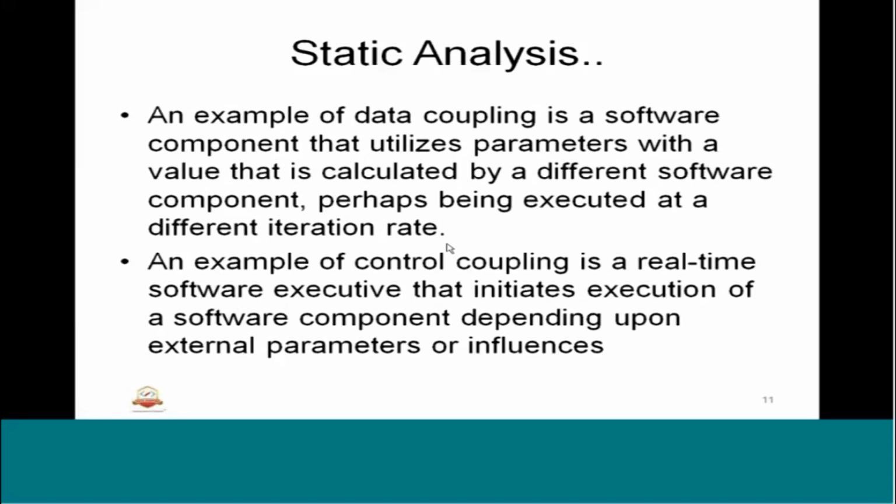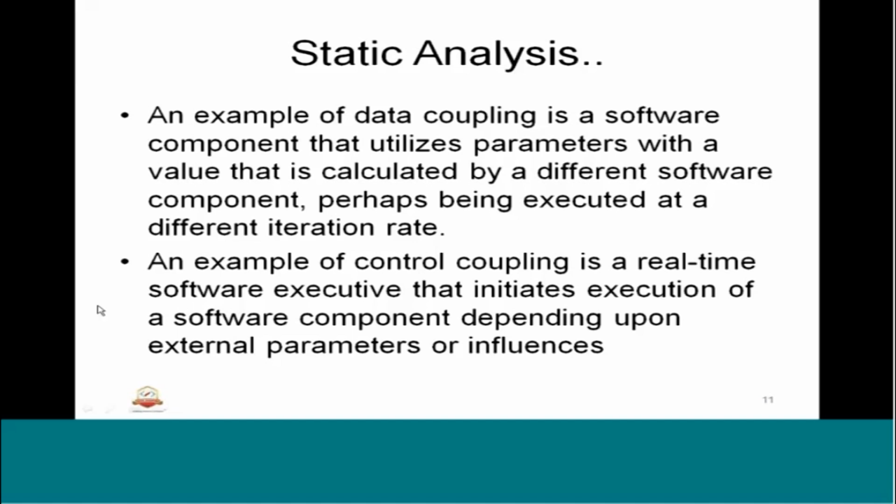So we have a software functionality that utilizes the parameters that are coming as an input with a value, but the values are computed or calculated by a different software component. So there is a coupling between that component as well as the utilizing component. And of course it can continue to the next component also, and it can be updated at a different rate. How are we going to validate that? So that is what this data coupling will bring out.